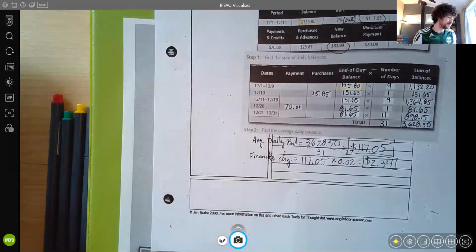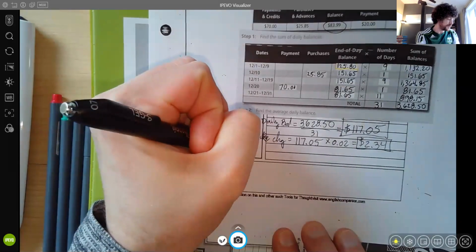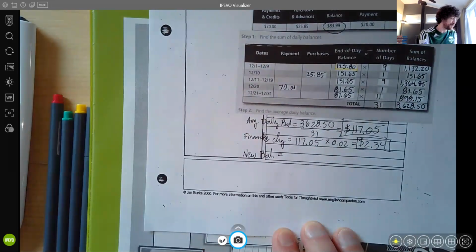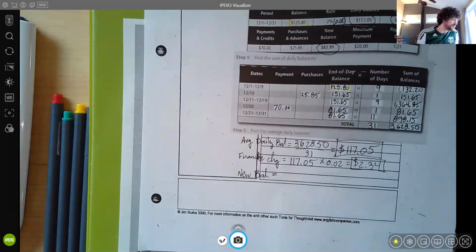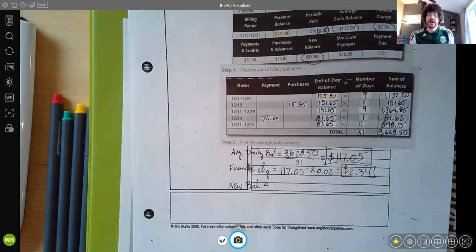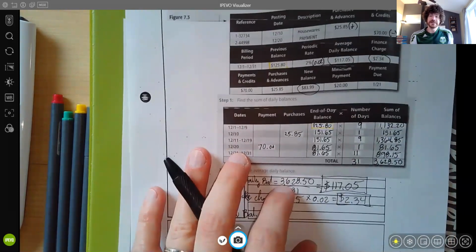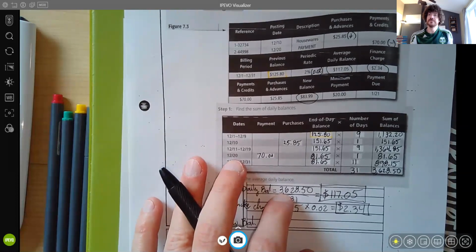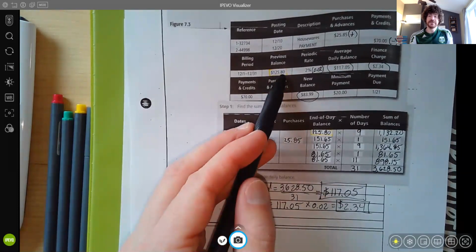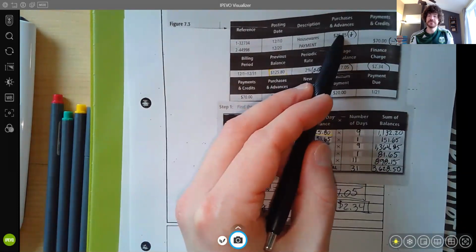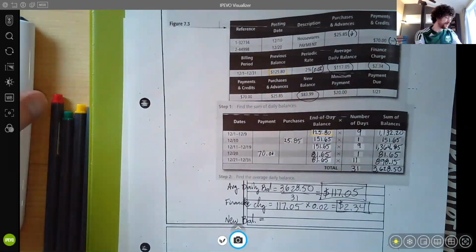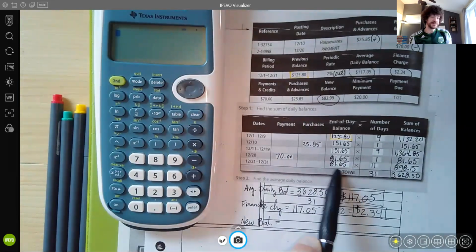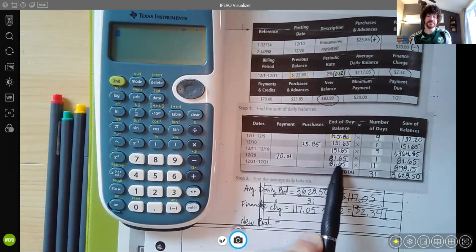Quick reminder here about unpaid balance. The unpaid balance is going to be equal to the previous balance plus any purchases minus any payments, which, if we take a look here, should be this number down here, the 81.65.